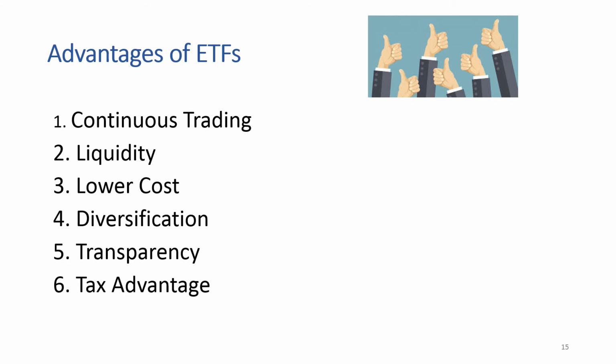The portfolios are marked to market continuously, and investors can trade them all day long at a price that is almost exactly the net asset value of the stocks in the index, as compared to mutual funds' net asset value, which is quoted only once a day.